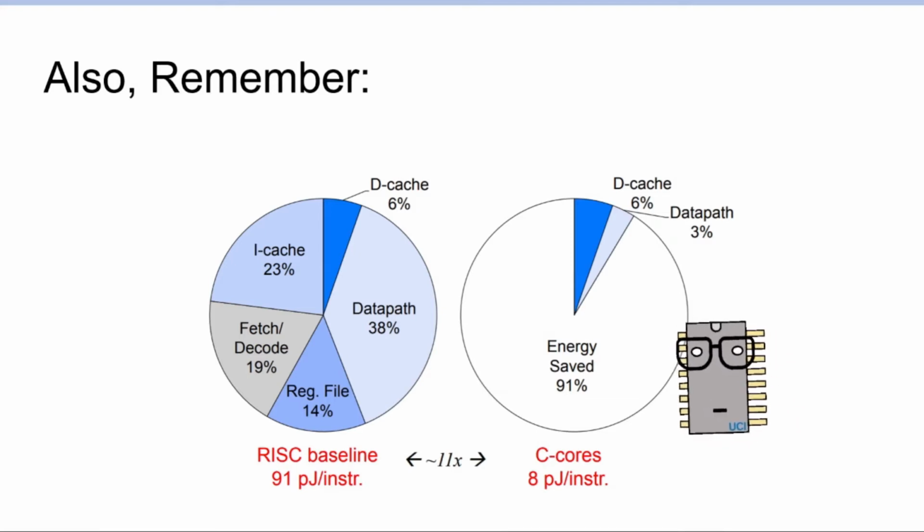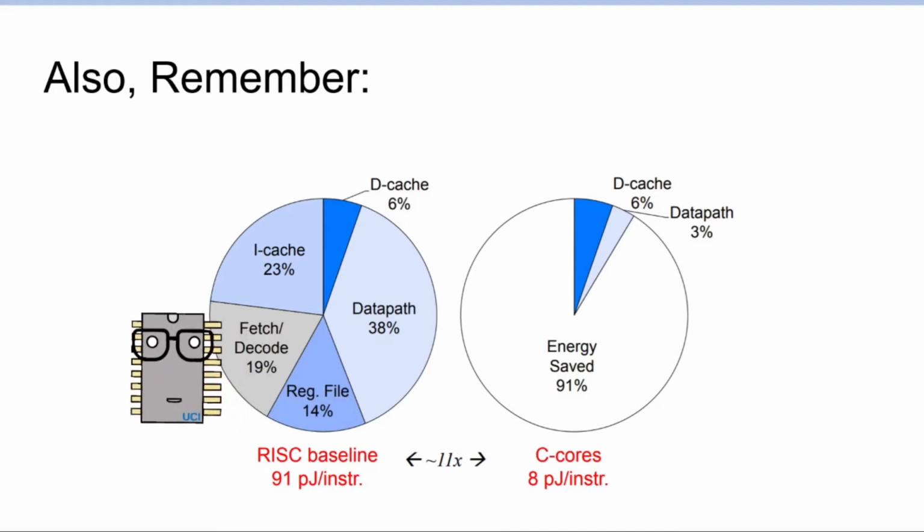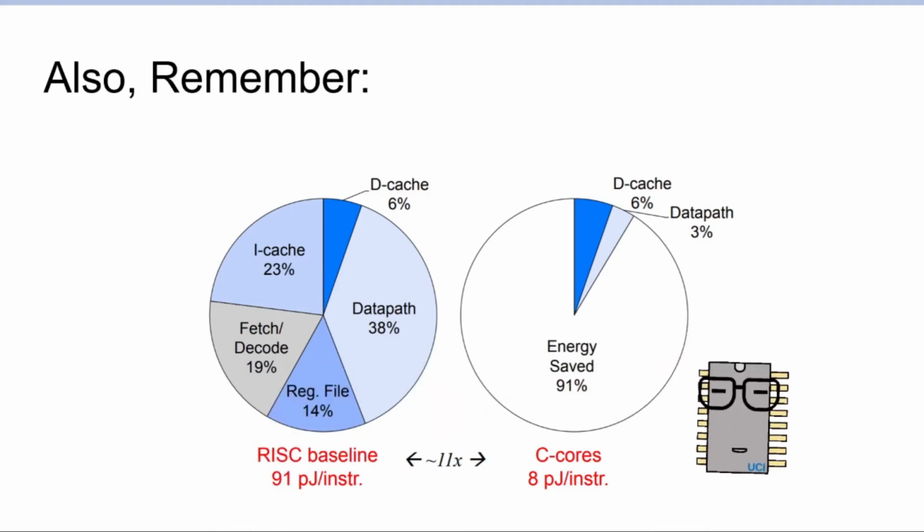But in terms of silicon usage, this is pretty analogous as well, because things like the fetch decode unit, instruction cache, register file, these things are no longer required. If your accelerator design is tailored to your application, it doesn't have an ISA to speak of, it doesn't require fetch or decode units and things like that.